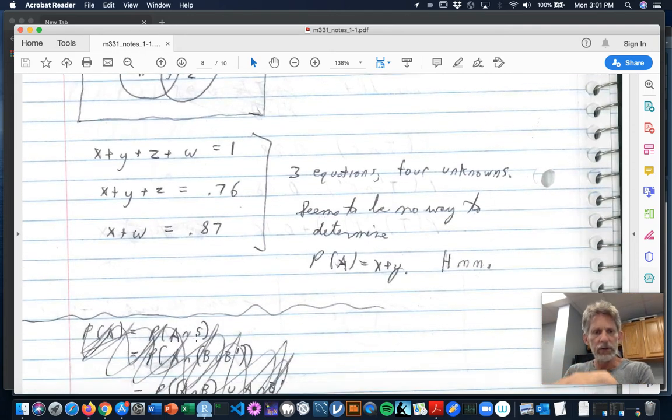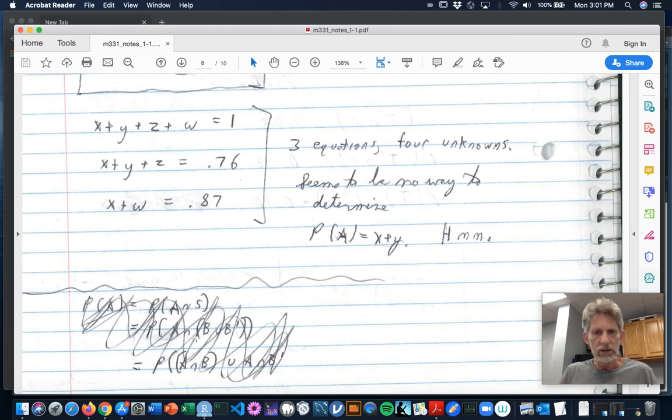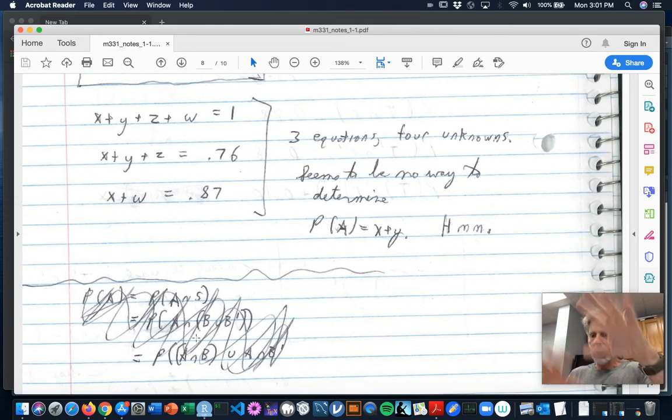Yeah, I'm still not sure I could do it, but I think this problem is now probably solvable.